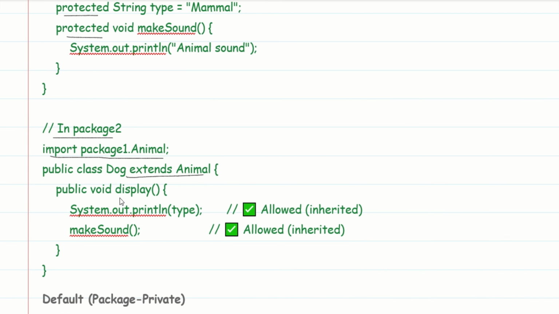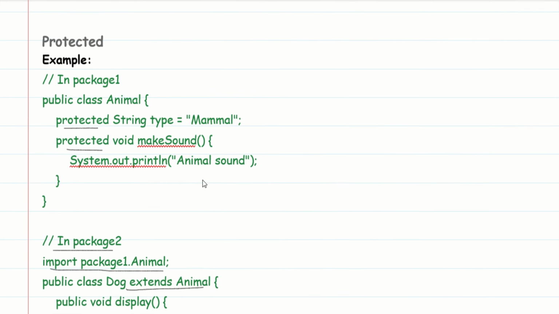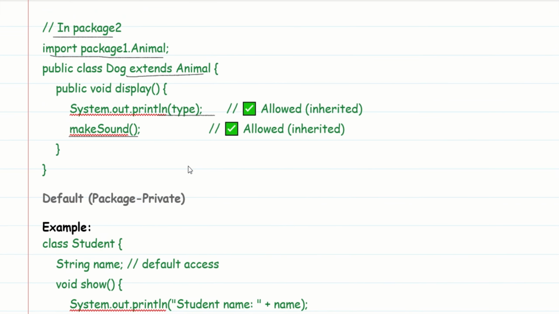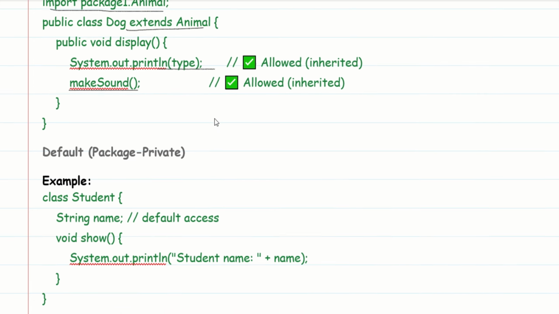So it's a subclass now, and I can use display. You can see type and makeSound. Both type and makeSound can be accessed if it is a subclass, or in the same class, and in the same package also.